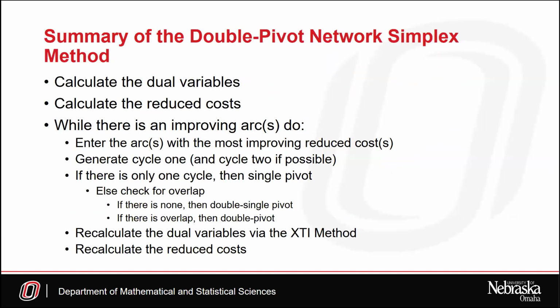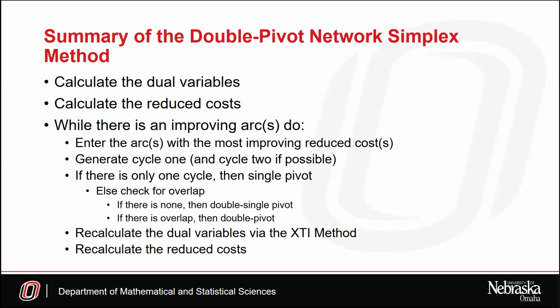So to summarize, to implement this, you just need to calculate the dual variables and calculate the reduced costs. While there's an improving arc, it's possible you only get one arc in a certain iteration. If you do that, just single pivot in and out that cycle. Enter the arcs with the most improving reduced costs. Generate cycle 1 and cycle 2 if possible. If there's only one cycle, then do a single pivot.